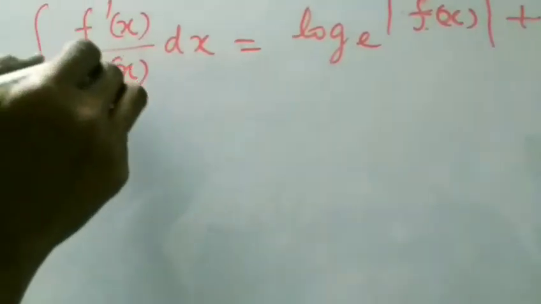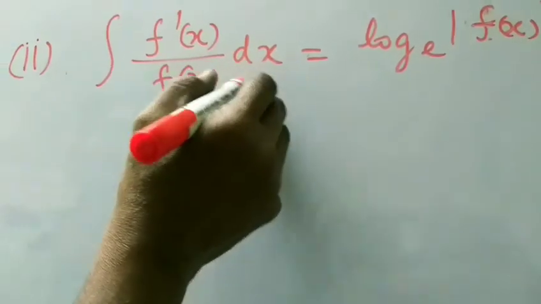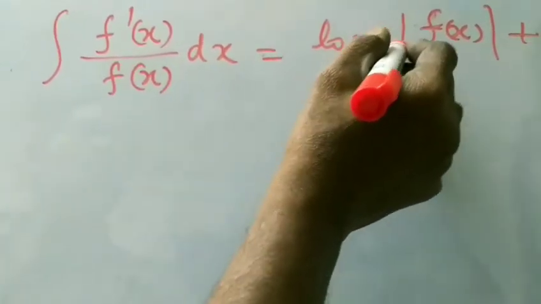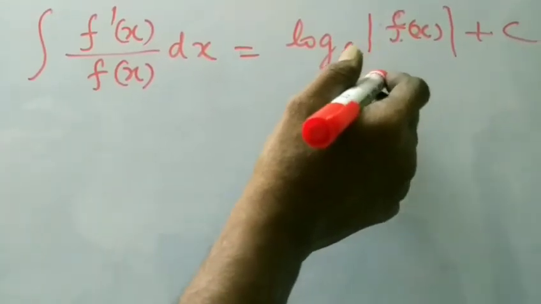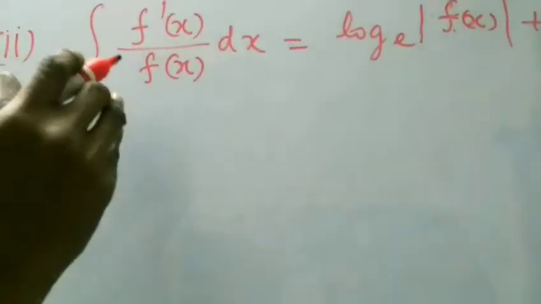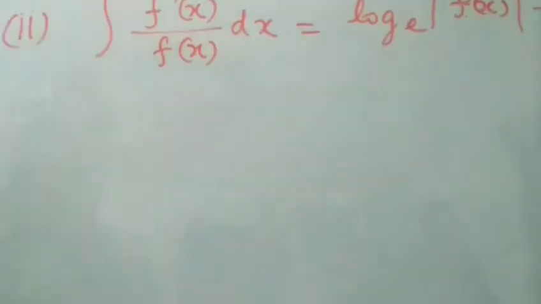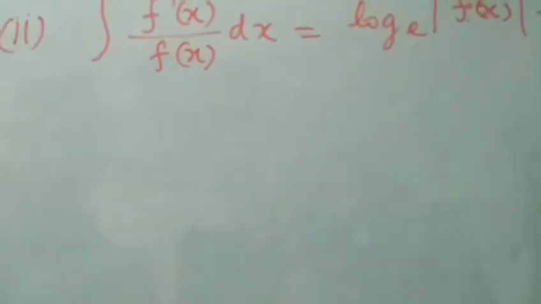Integral of f dash of x by f of x dx is equal to log modulus f of x plus c. Now we have to prove this one also. This is second one, in direct method, direct substitution.